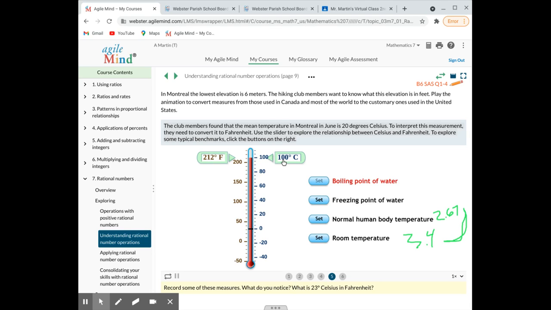So 100 degrees Celsius, wouldn't it have to be up in the 300s? Yes, sir. So is that happening? No. So can this be proportional? No, it can't. The reason it can't is because it's not continuously being equivalent to each other. It's varying. It's changing.